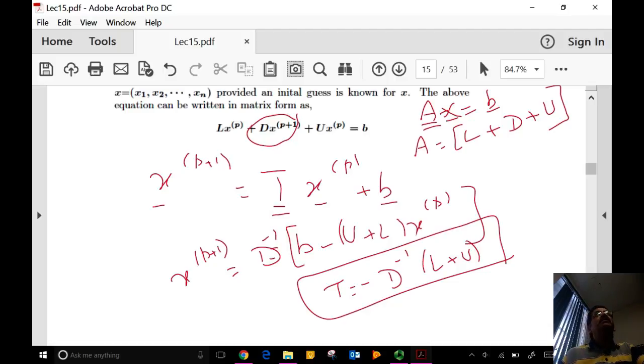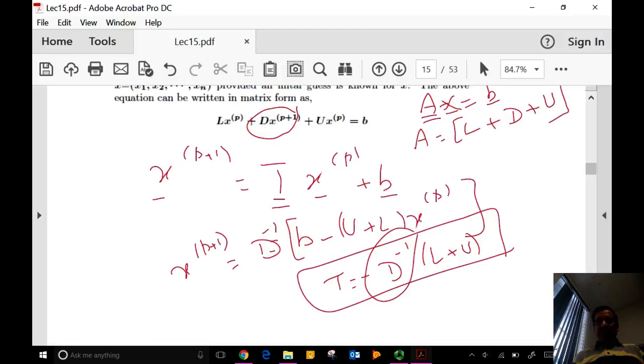What does that mean? The elements in the diagonal are much bigger than the elements on the other side. Why? You can see that if it is diagonally dominant, 1 over D would be all small numbers, right? So T essentially would be a small number then, and its spectral radius would be less than 1. Okay, so that proof has been done.